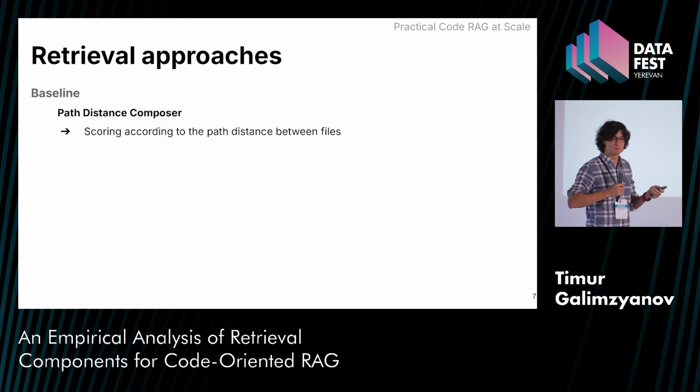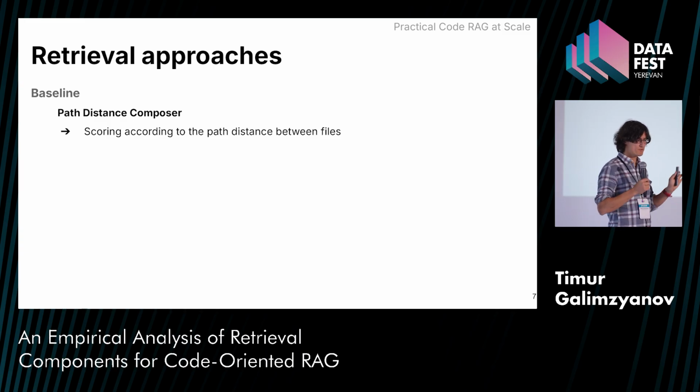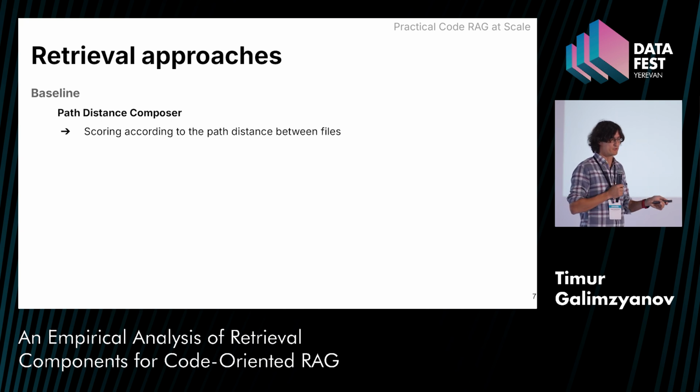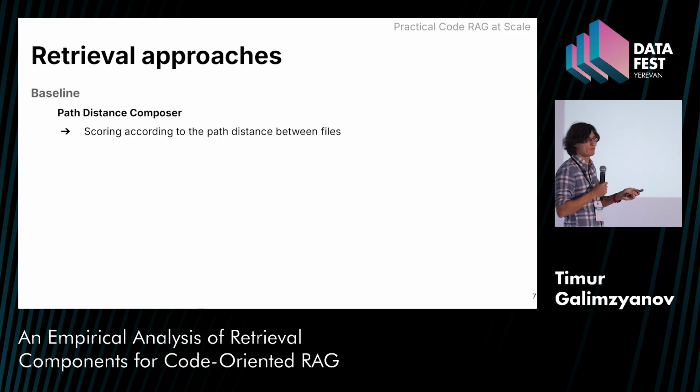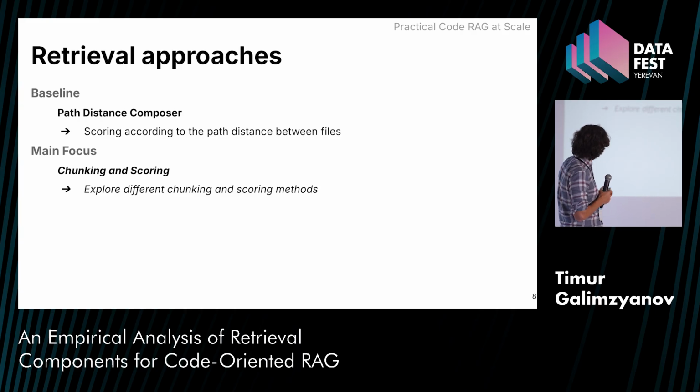So what retrieval approaches can you use? The first and the simplest one: just put everything which is in the same directory, and if you have space, put anything more which is close to it. This we call the path distance composer. It scores the files just according to the path distance between files. But the main thing I will speak about today is chunking and scoring.